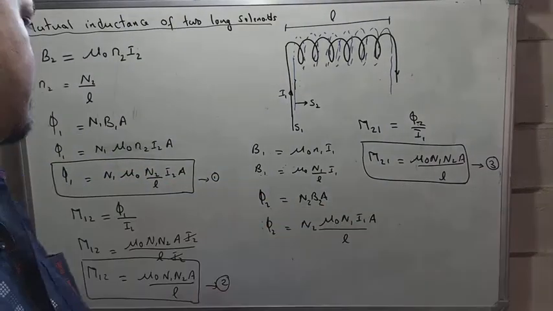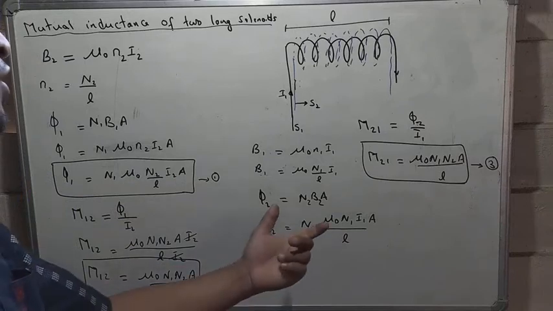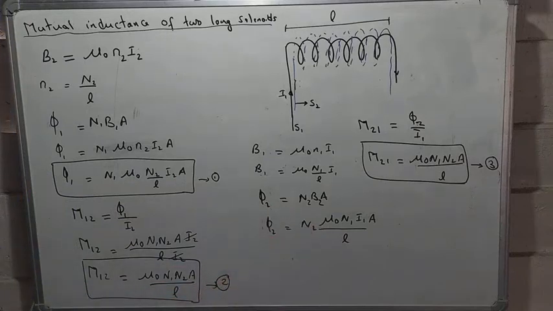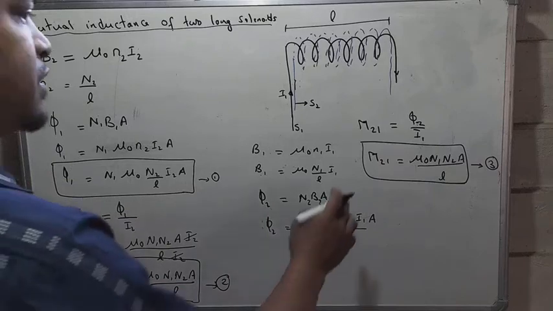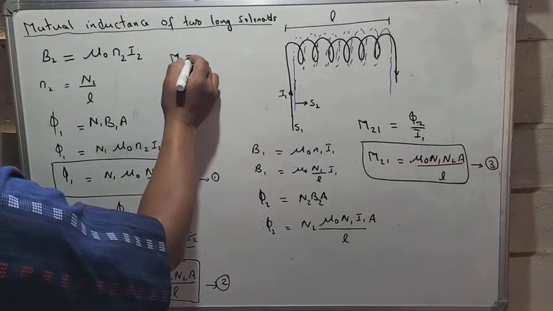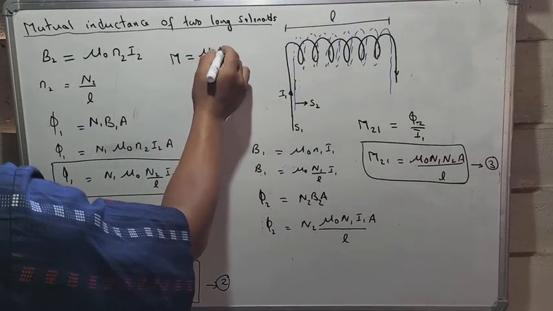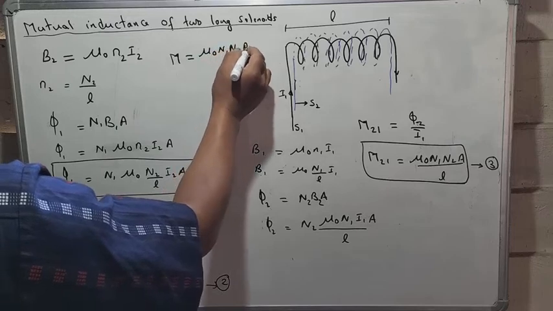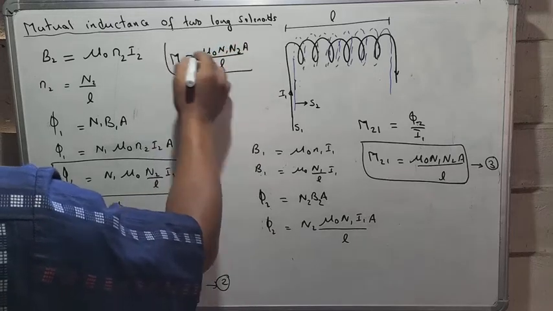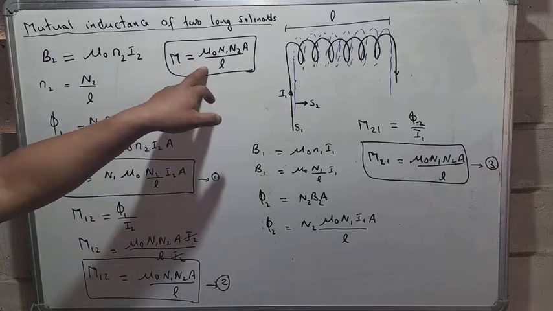Looking at these two equations, 2 and 3, we see that the mutual inductance in the two cases is the same. Therefore, I will remove the subscripts 1 and 2 and just write M, the mutual inductance of the two solenoids, equal to mu naught N1 N2 A by L. This is the expression of the mutual inductance of two long solenoids.